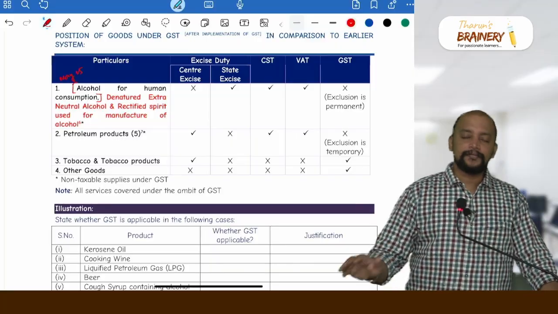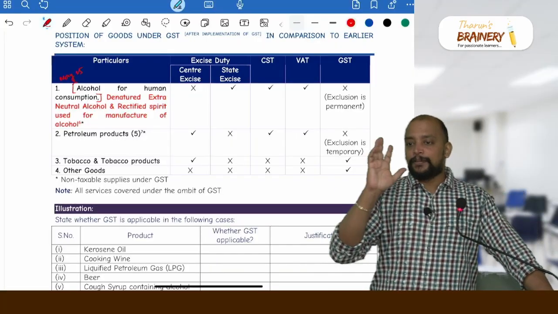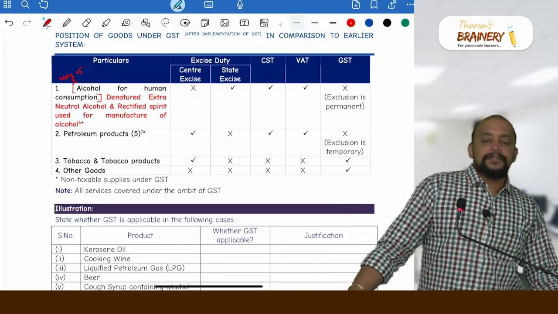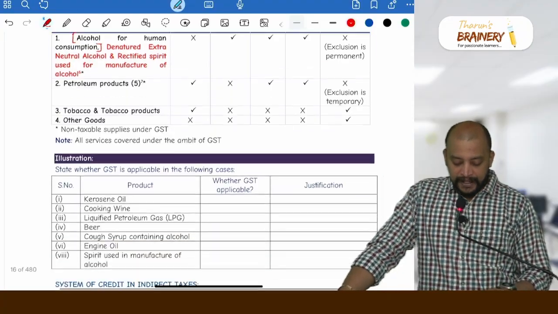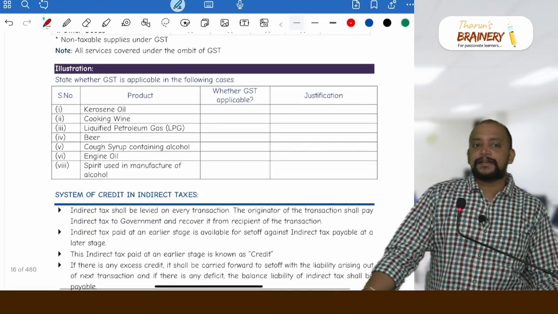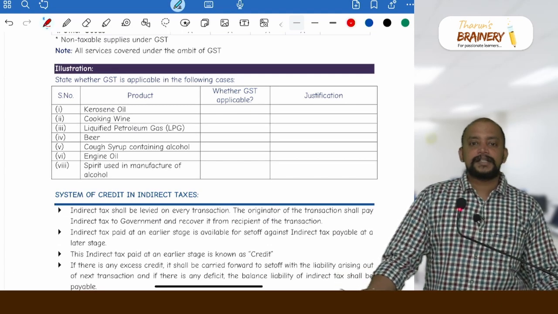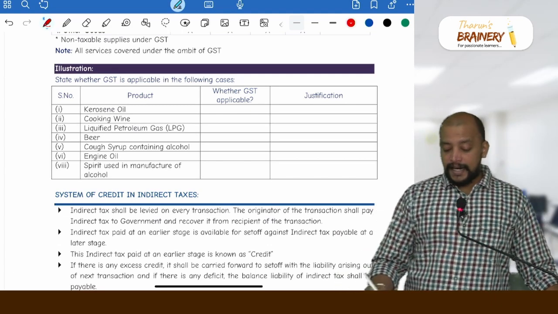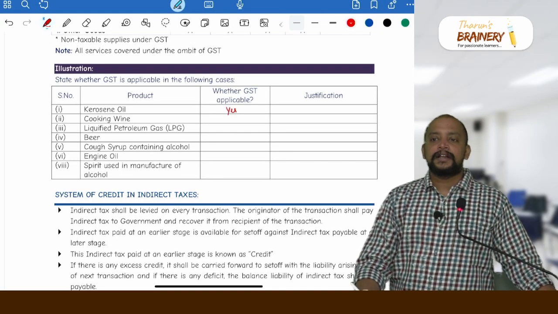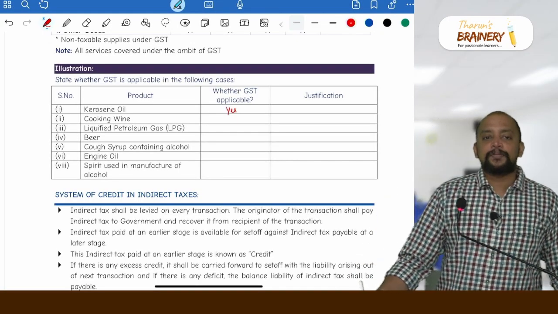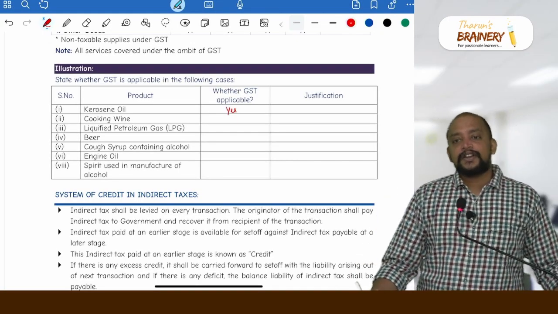Got it? Now look at one table below. You need to answer whether GST is applicable or not on these goods. Number 1, kerosene oil, whether GST is applicable? Yes or no? Yes. Why? Because is it a petroleum product or not? Not a petroleum product.